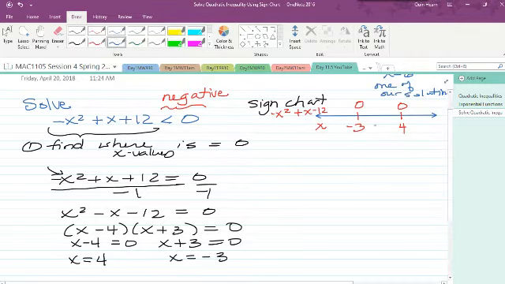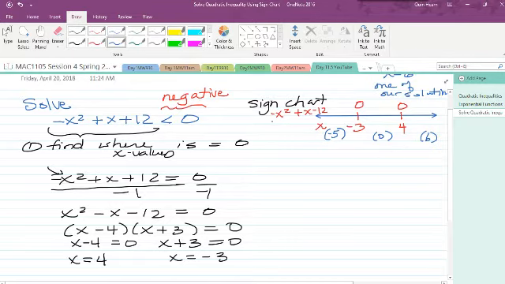Well, one way to do it is to plug in values between the zeros. So for example, to the left of -3, you could use a number like -5. Between -3 and 4, an easy number to check would be 0. And after the number 4, an easy value to check would be like 6.